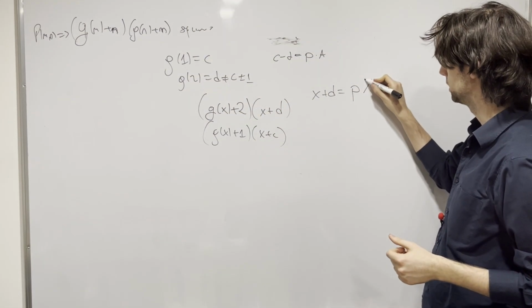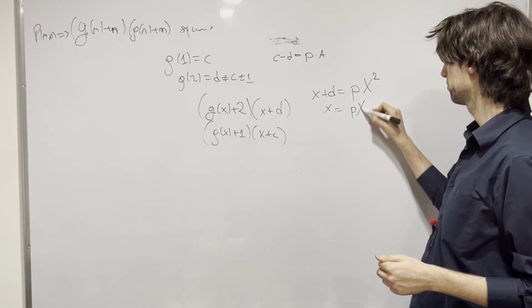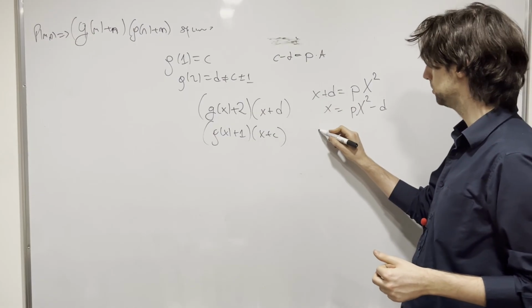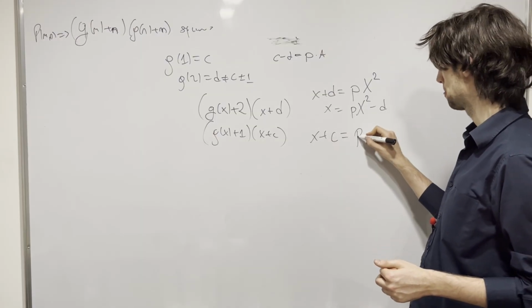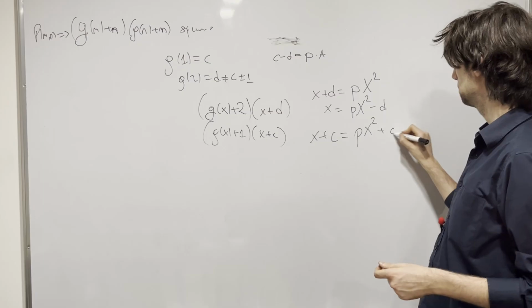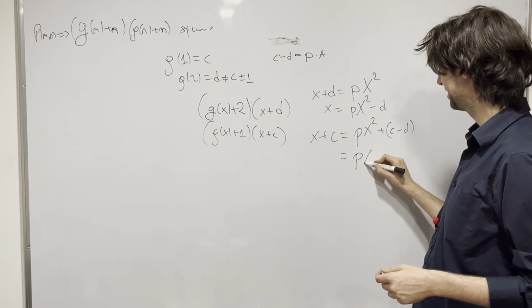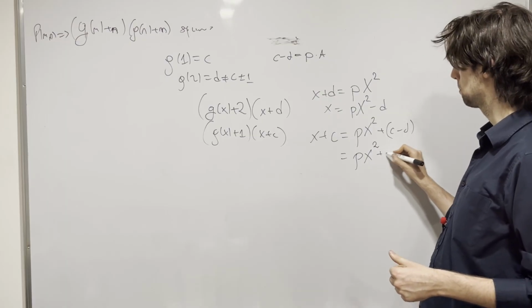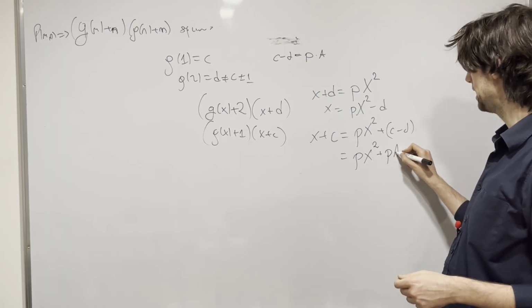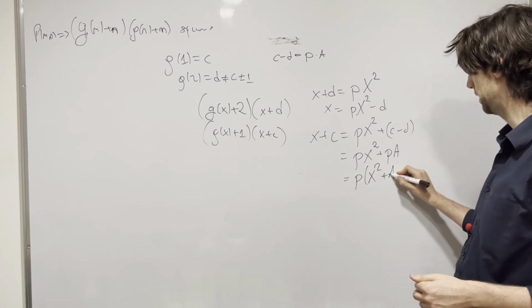This is p times some capital X squared, which means x plus d is p X squared, and then x plus c is equal to p X squared plus c minus d, which is equal to p X squared plus p a, which is p times X squared plus a.